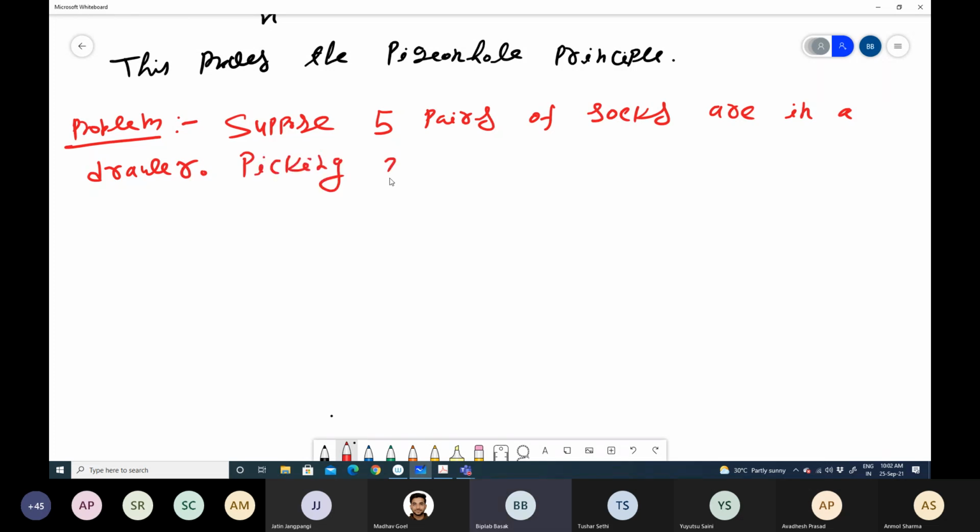Now picking how many socks guarantees that at least one pair is chosen.